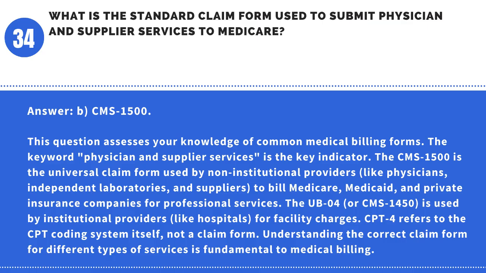The UB-04 or CMS-1450 is used by institutional providers, like hospitals, for facility charges. CPT-4 refers to the CPT coding system itself, not a claim form. Understanding the correct claim form for different types of services is fundamental to medical billing.